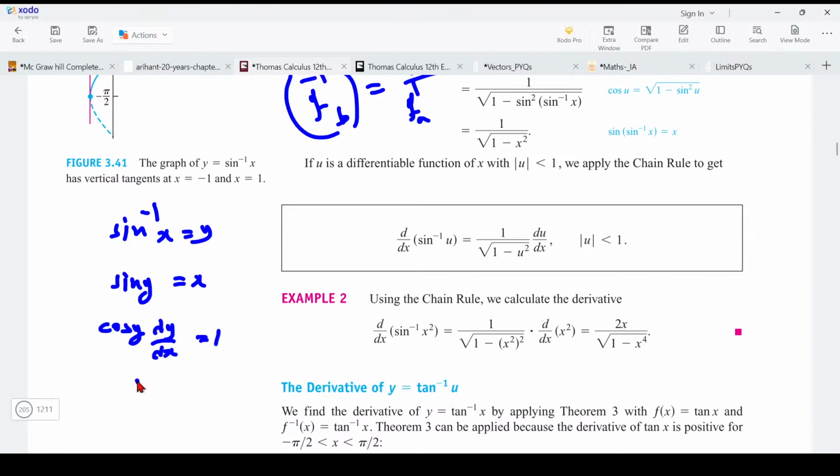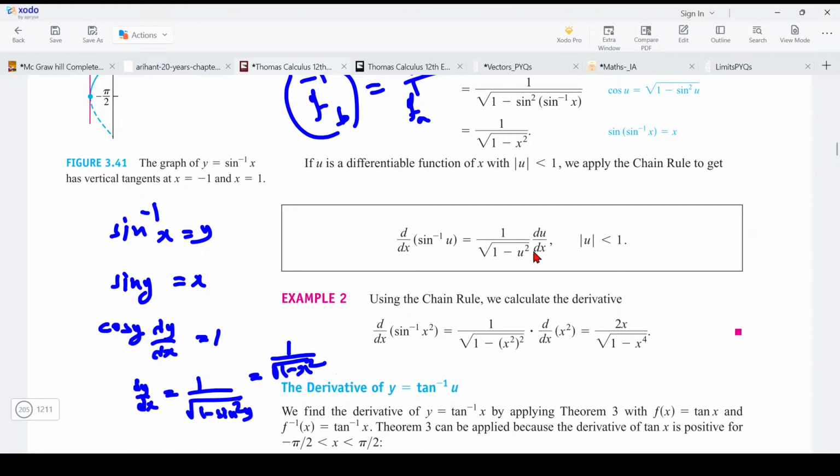So dy by dx becomes 1 by cos y, that is 1 by under root 1 minus sin square y, which is nothing but 1 by under root 1 minus x square, because sin y is x. So that's how we got dy by dx as 1 by under root 1 minus x square.